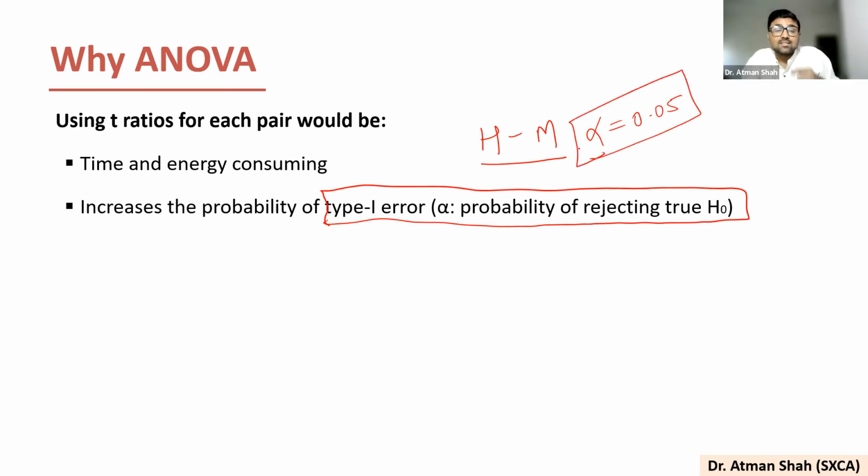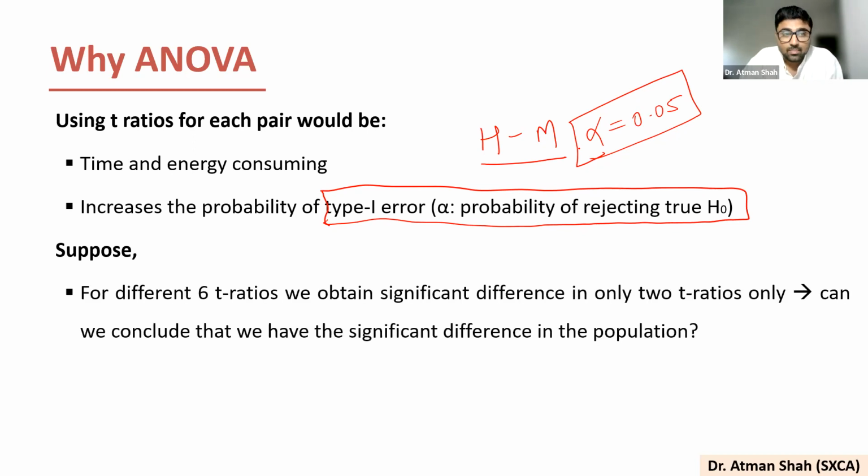So it increases the probability of type 1 error. Right? And therefore, we are not performing more than one independent samples t-test for various pairs.